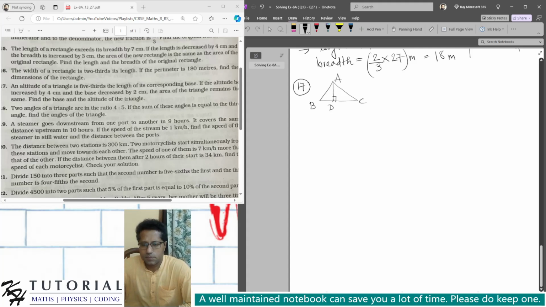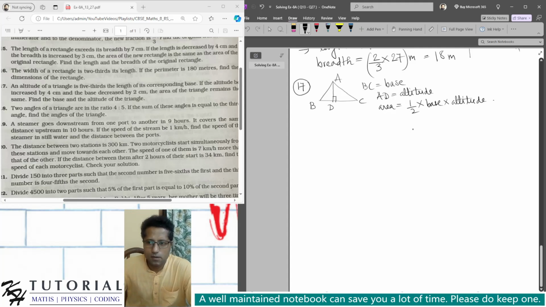So AD is the altitude, BC is the base, and AD is the altitude of the triangle ABC, and area is equal to half into base multiplied by altitude. This information we know from earlier.